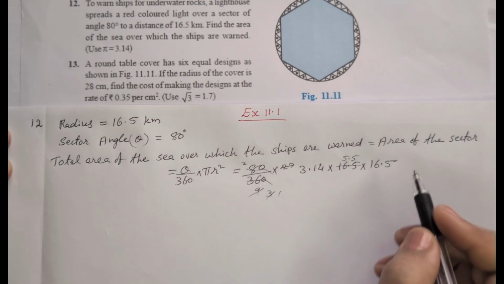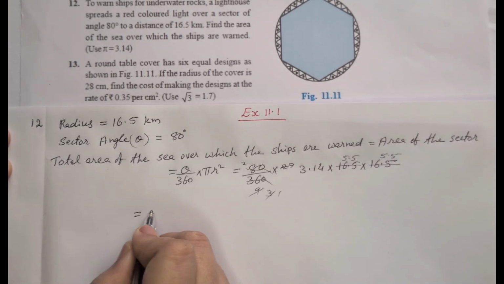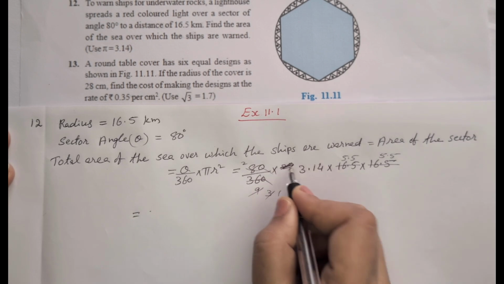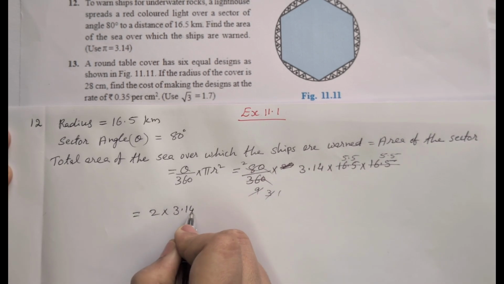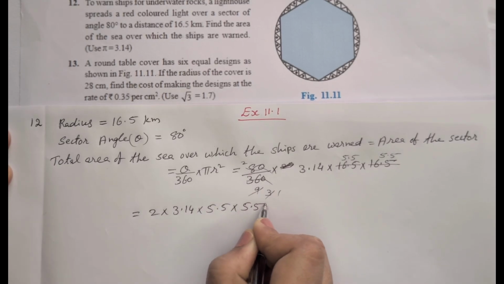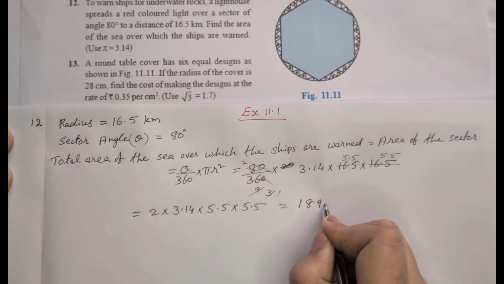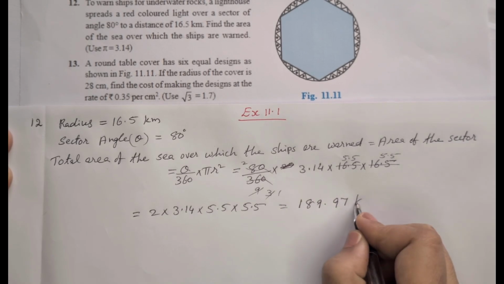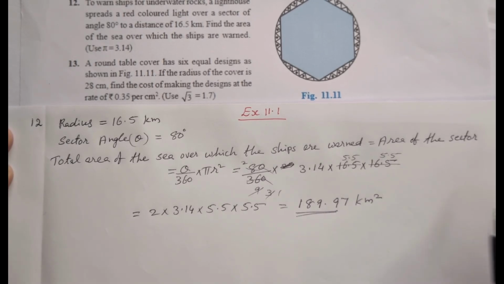Again one more time by 3, this also 5.5. So what is remaining is 2 into 3.14 into 5.5, again 5.5, which is equal to 189.97 kilometer square. So the total area of the sea over which the ships are warned is 189.97 kilometer square.